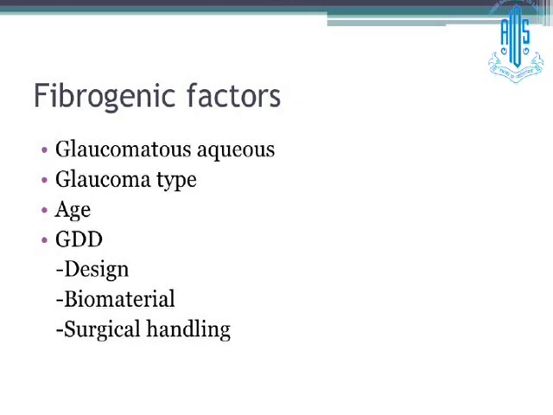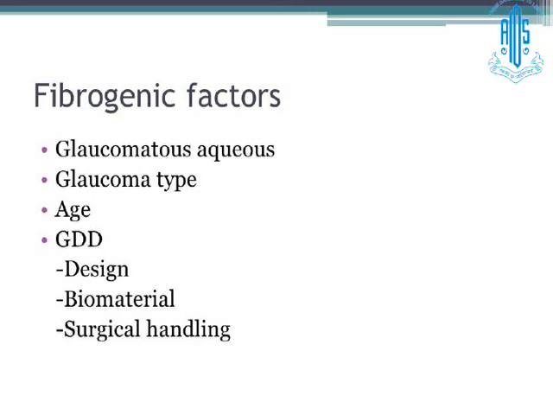The glaucomatous aqueous itself is a fluid which has inflammatory mediators. Then you have the glaucoma type, then the age of the patient, then the glaucoma drainage device itself being a foreign material to the eye, which will itself induce fibrosis.